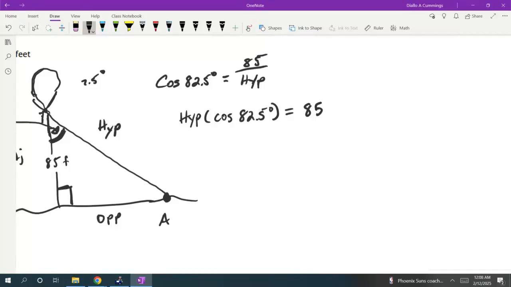Now, in order to solve for the hypotenuse, the opposite of multiplying the hypotenuse by the cosine of 82.5 is to divide by the cosine of 82.5. So we're going to divide both sides by that quantity. On the left-hand side, the cosine of 82.5 cancels, and we're left with the hypotenuse. On the right-hand side, we're going to divide 85 by the cosine of 82.5 degrees.